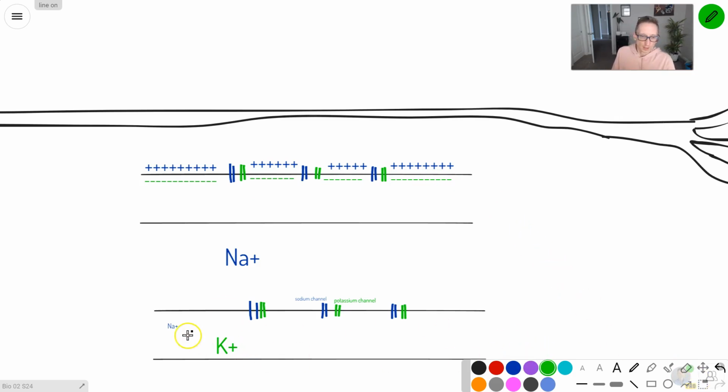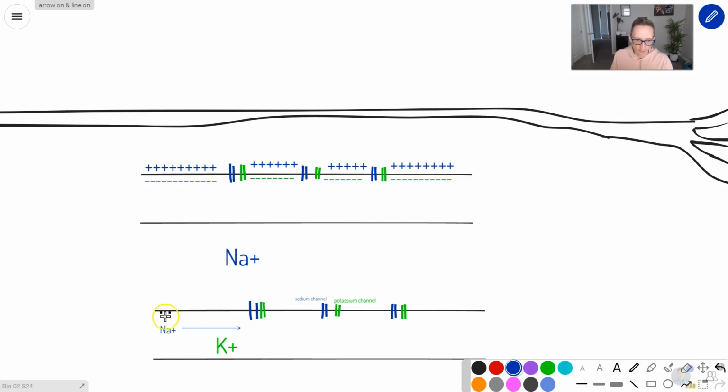Now what is happening is when the sodium rushes in like this, it's a bunch of sodium. It's not just one. It's a huge amount. And so what has happened is we've flopped this. I'll just do it like this.